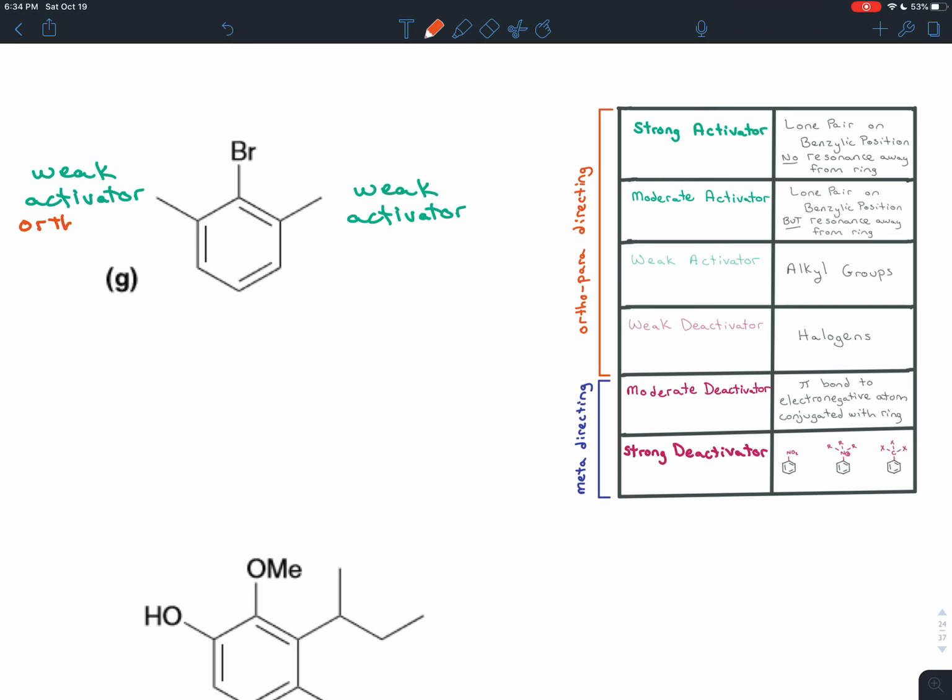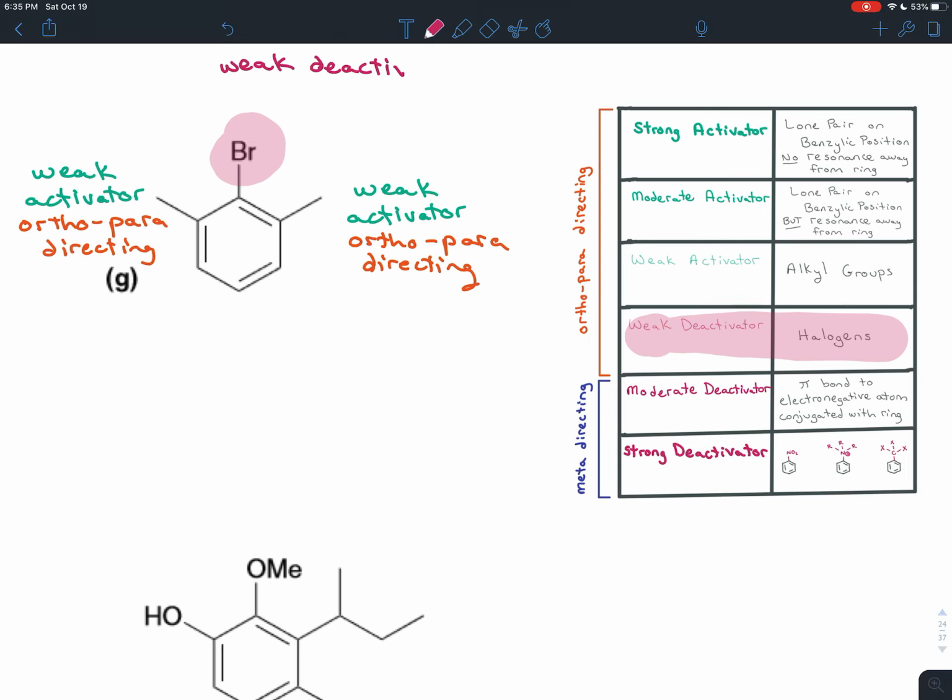So this is going to be ortho-para-directing. In the middle, we have a halogen. The halogens are weak deactivators. The halogens, though, in addition to being weak deactivators, are ortho-para-directing.